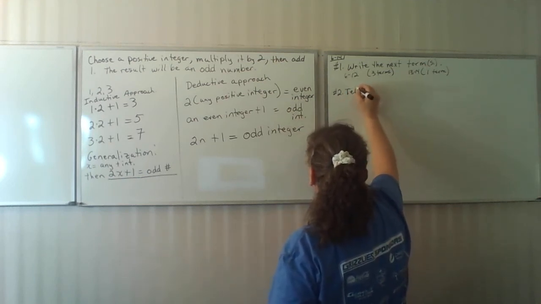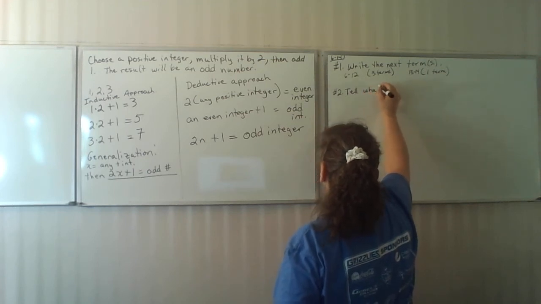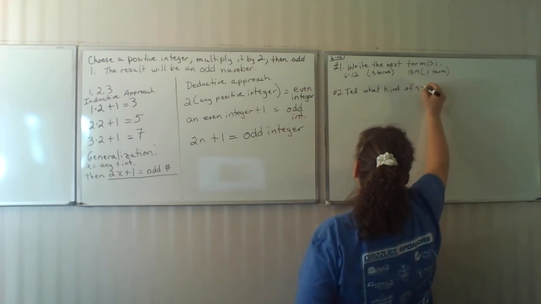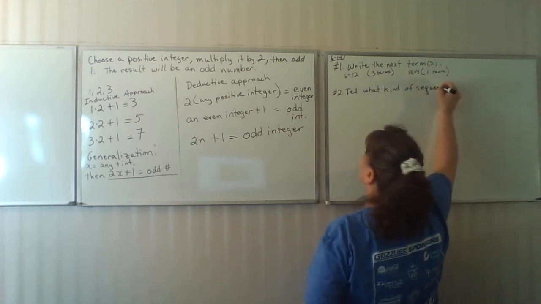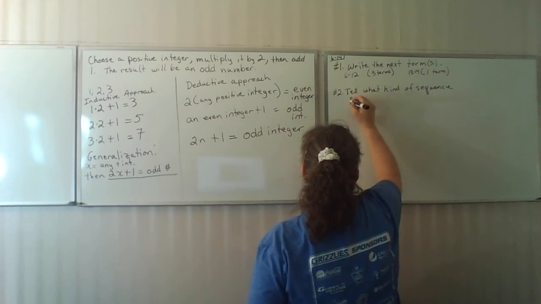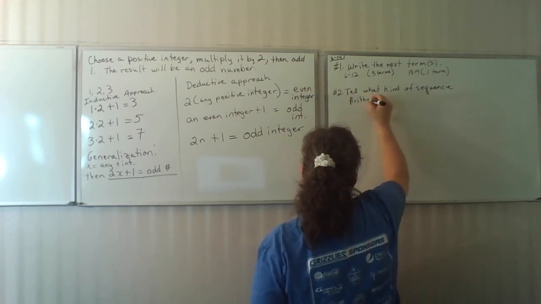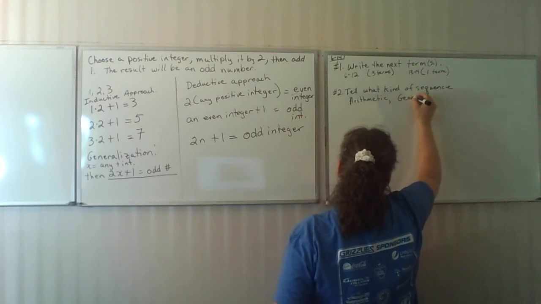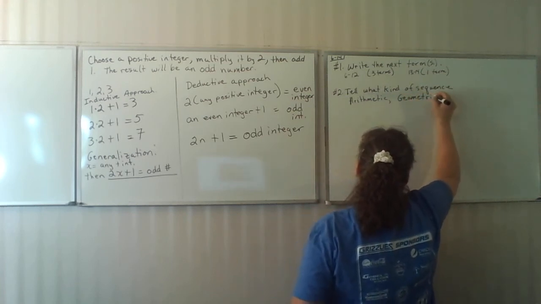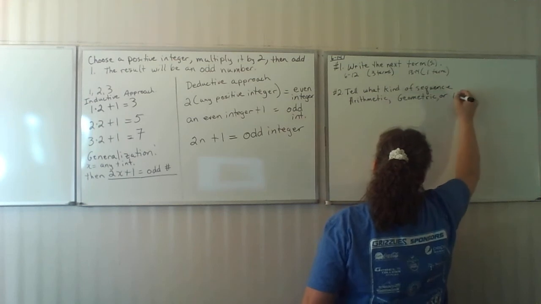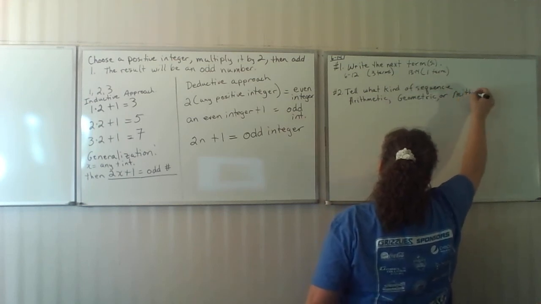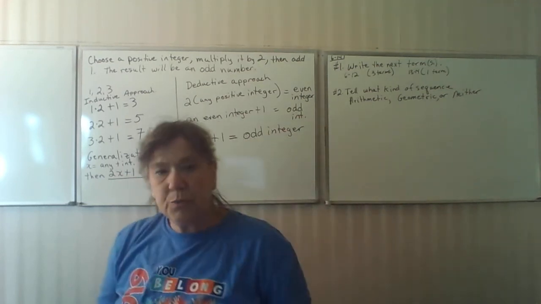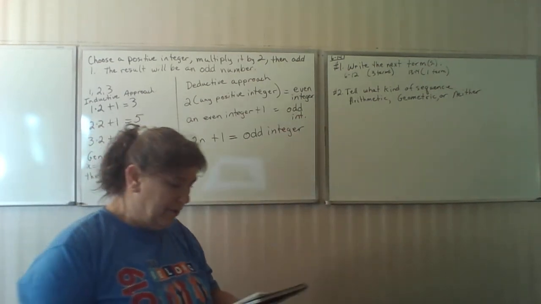tell what kind of sequence. In other words, is it arithmetic, geometric, or neither? It has to be one of those 3. So you'll have to decide which one it is and label it, okay?